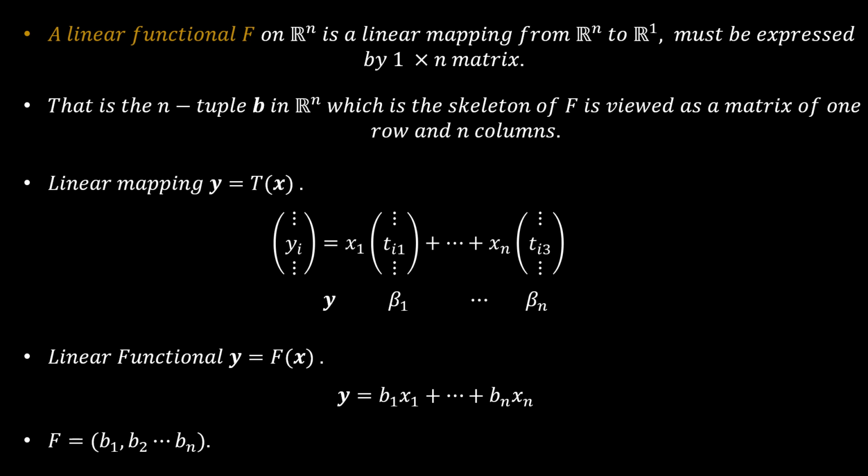So F can be considered as just a 1 by n matrix. So that's how you could look at a linear functional F as opposed to the T transformation, a linear transformation that transforms R to the n to R to the m.